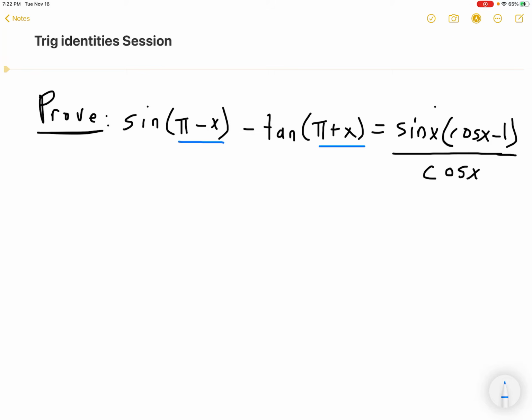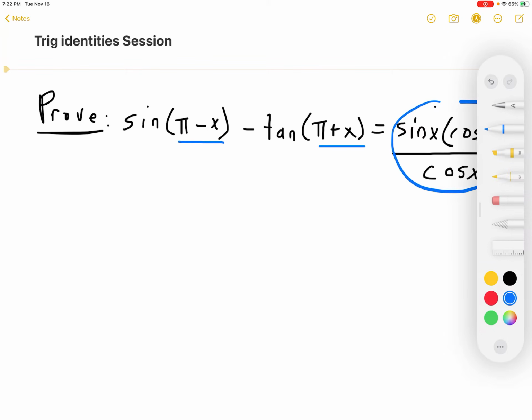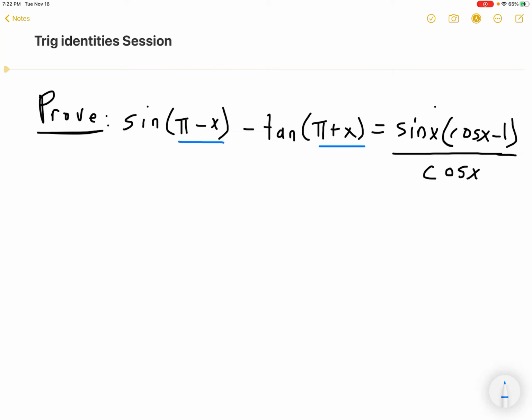I'm going to expand both of these identities in hopes that they're going to resemble something on this side over here. So sine pi minus x really belongs to the identity of sine a minus b. And what we have to understand is that the pi would represent the a and the x would represent the b.